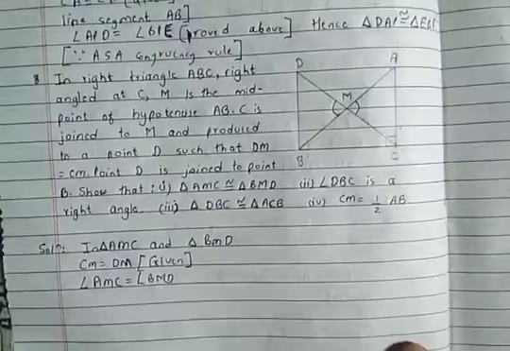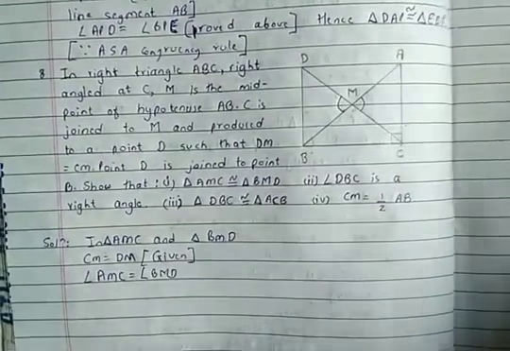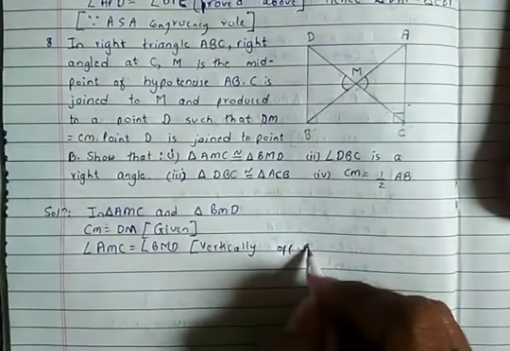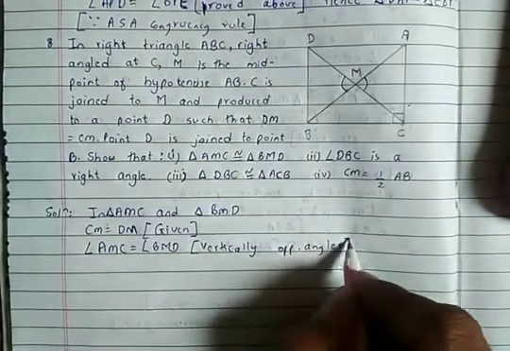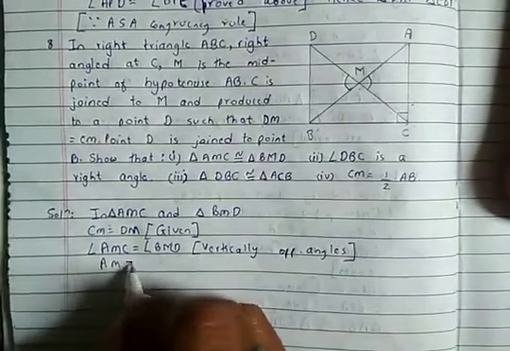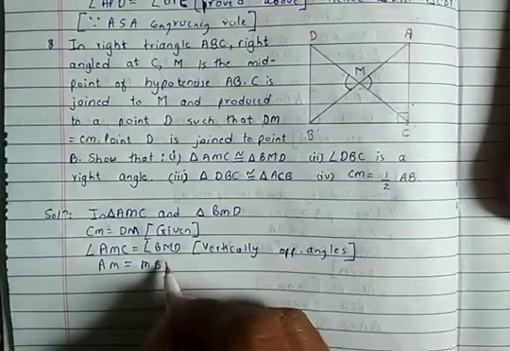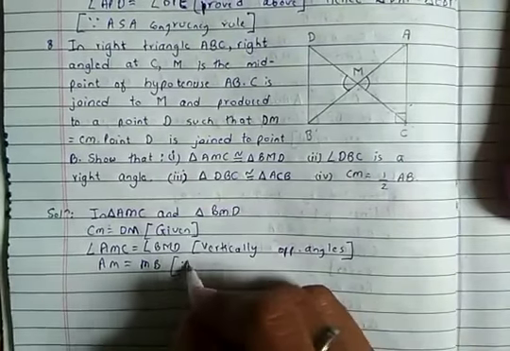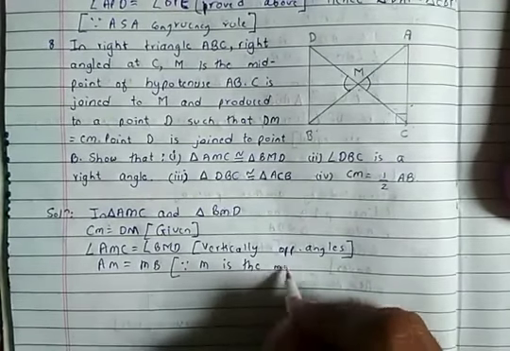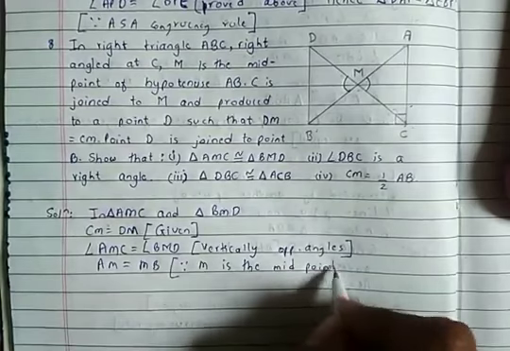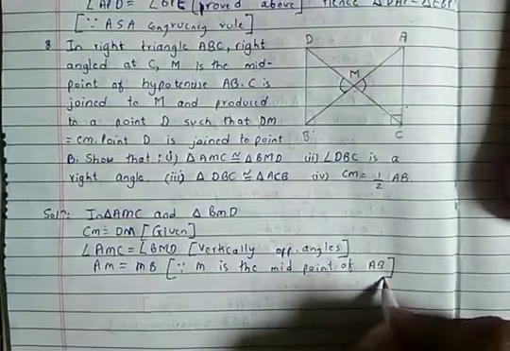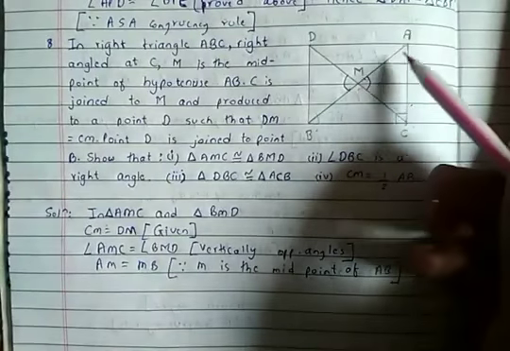So we will write it down. Now AM equal to MB. How can we say that they both are equal? Because M is the midpoint of AB. Right? M is midpoint of AB.